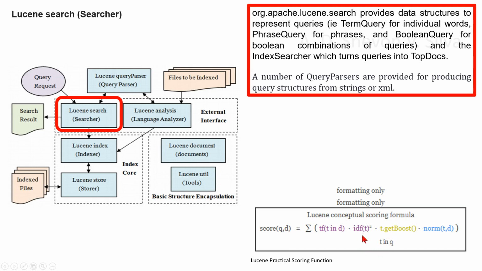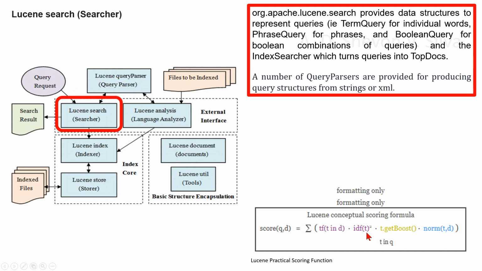IDF T stands for inverse document frequency. This value correlates to the inverse of doc freq, the number of documents in which the term T appears. This means rarer terms give a higher contribution to the total score. IDF T appears twice, both in the query and the document. Hence it is squared in the equation.